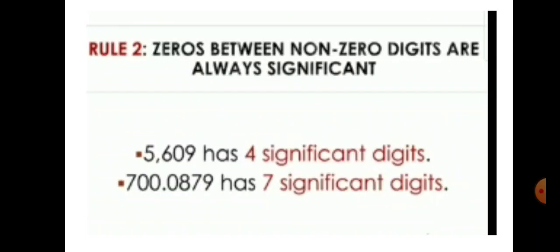In the second example, 700.0879, the 0 is again in between 7 and 8, and 7 and 8 are non-zero digits. So if you count, there are 7 significant digits. So rule number 2 is clarified: 0 between non-zero digits is always significant.